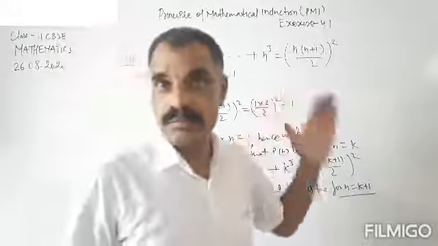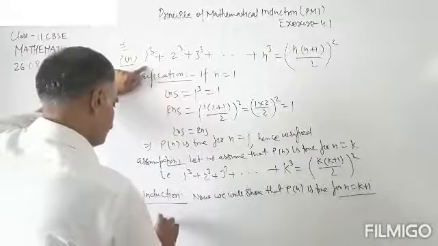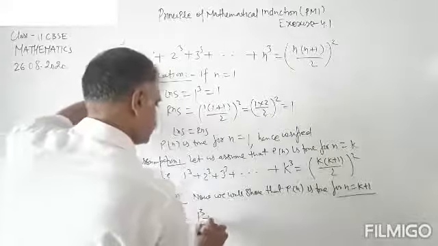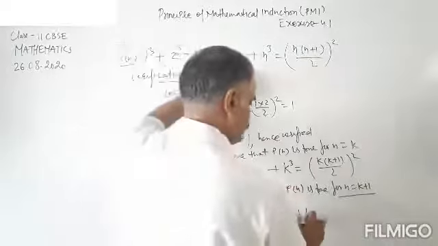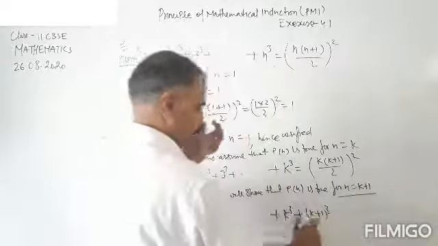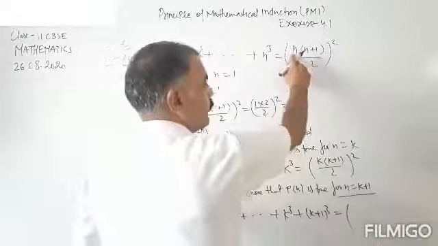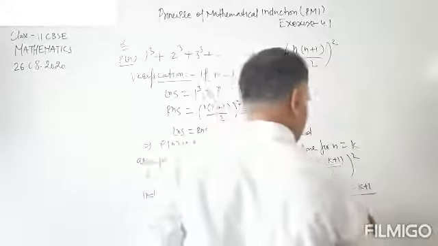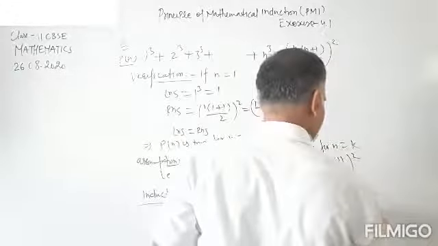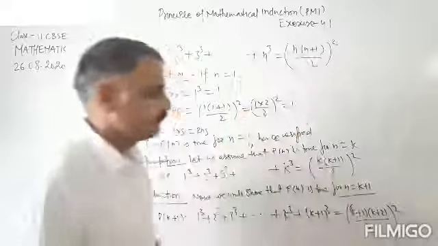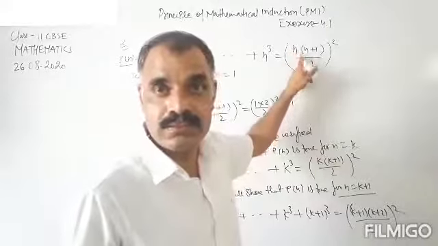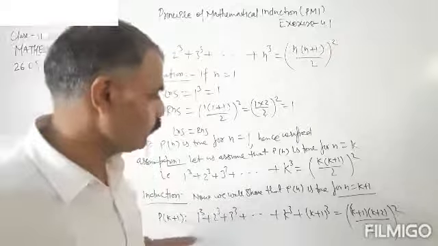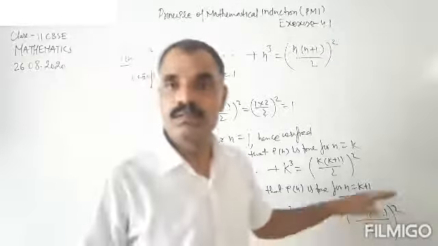The statement will be P(k plus 1), that is 1 cube plus 2 cube plus 3 cube, up to k cube, plus k plus 1 cube, equals, replacing n by k plus 1, k plus 1 into k plus 2 upon 2, whole square, after putting n equals k plus 1 on the right hand side. We have to prove this statement.